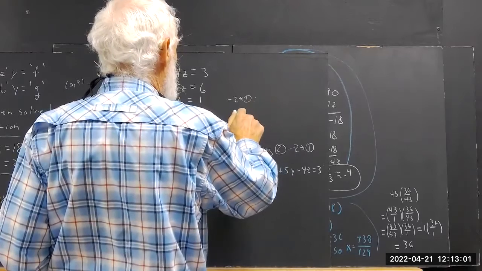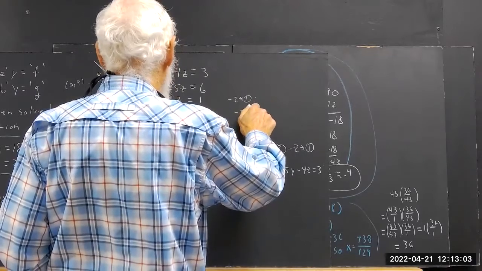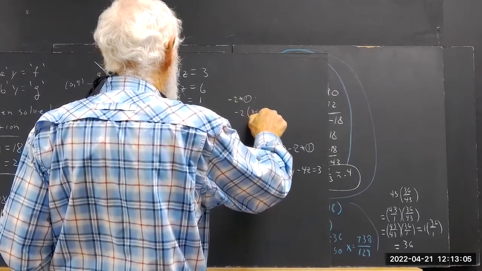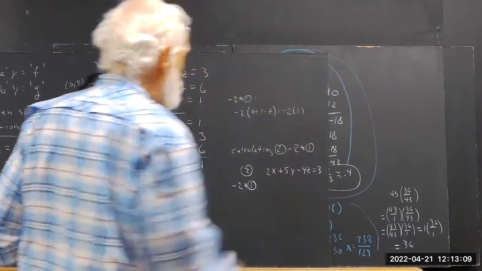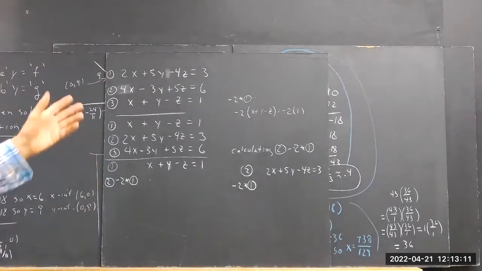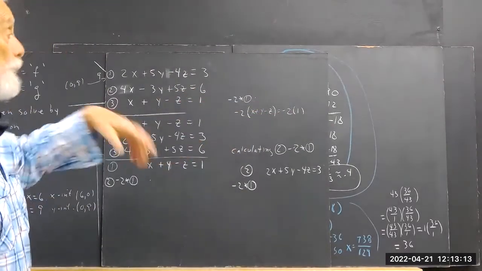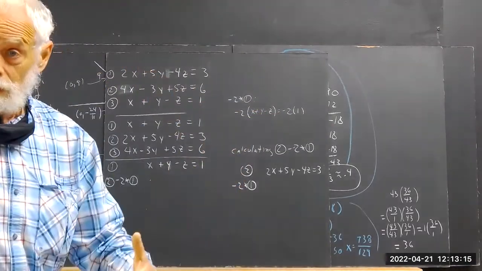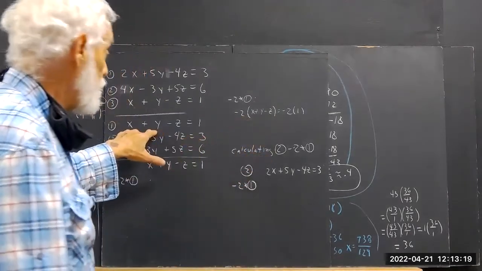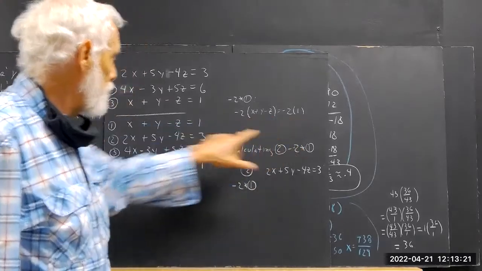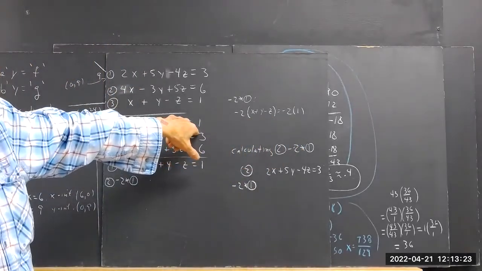is what? -2 multiplied by x plus y minus z equals -2 times 1. Because you multiply by equation 1, that means multiply both sides of the equation, right? So multiply -2 times the entire side here and -2 times the entire side here. Well, the entire side here is just 1.